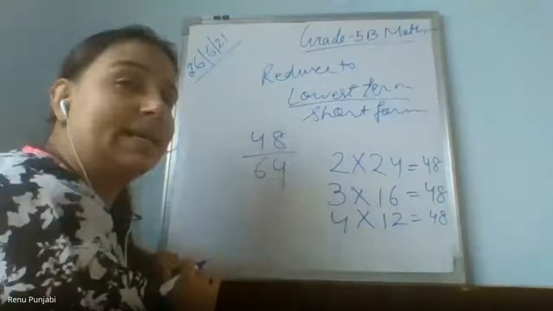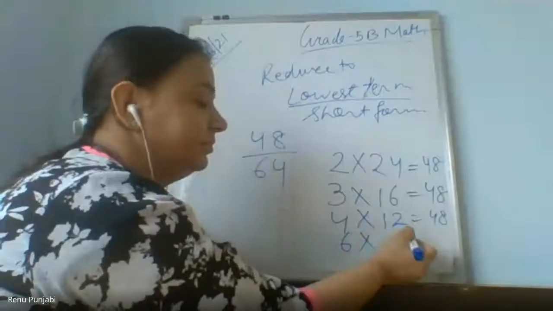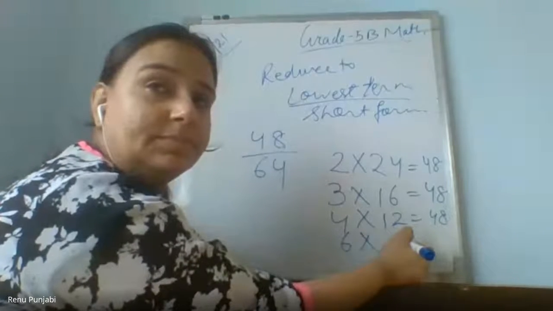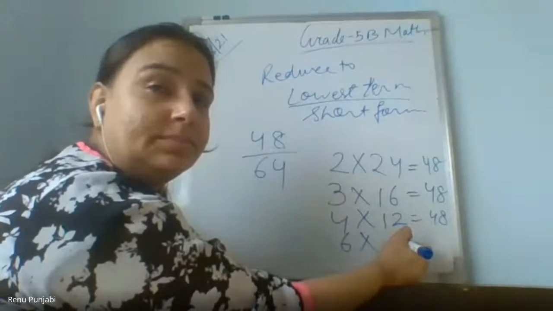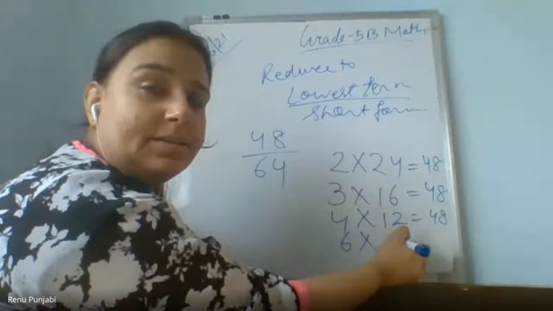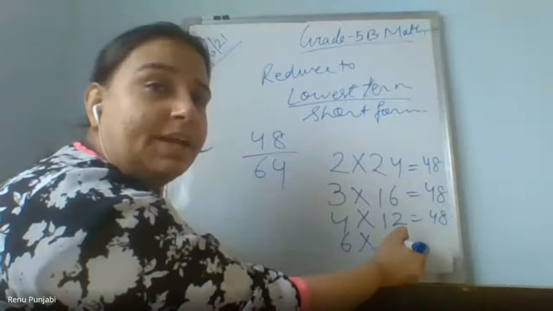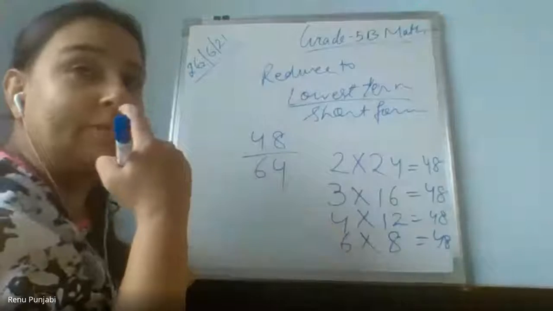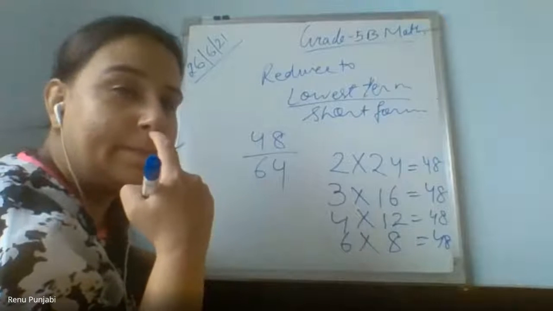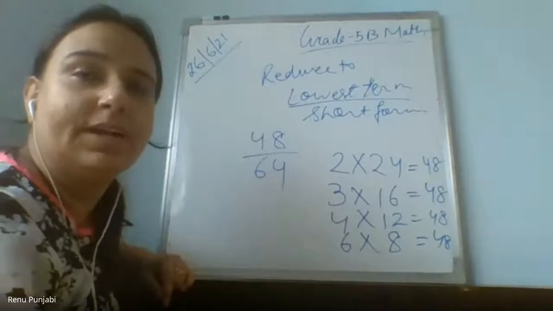Whether it is divisible by 6. Yes. How many times? In table of 6, 48 comes up in how many times? 6, 8, 48. Now check with 7. In table of 7, 48 comes? No, ma'am. 7 8s are 56, 7 7s are 49. So 48 is not coming.